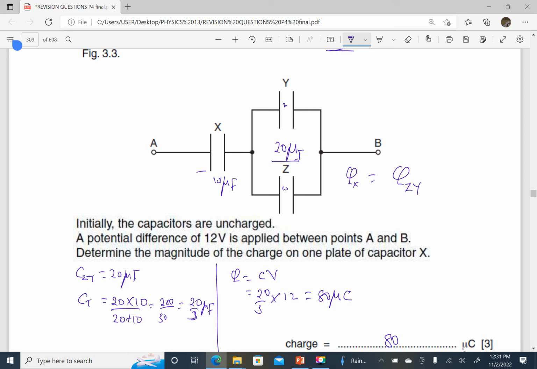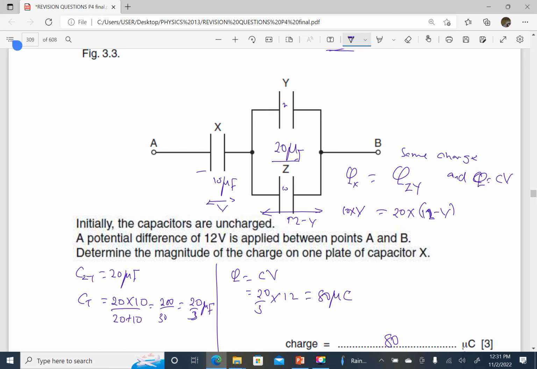And remember, charge is capacitance times V. So let's say the PD across X, let it be V. Then the PD across the parallel combination will be 12 minus V. So using the concepts of same charge, the charge across X will be capacitance, which is 10 times V. Then the charge across ZY will be total capacitance, which is 20 times 12 minus V.